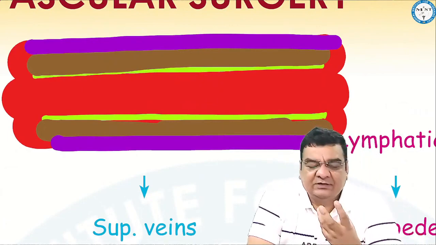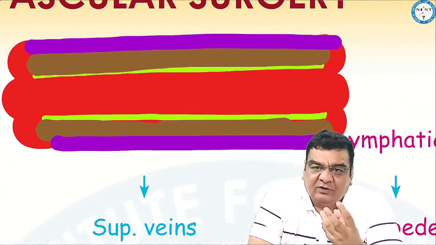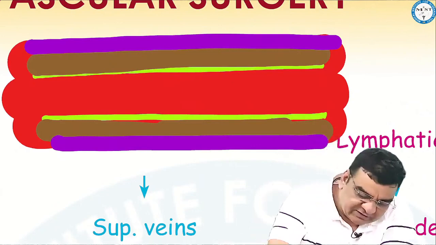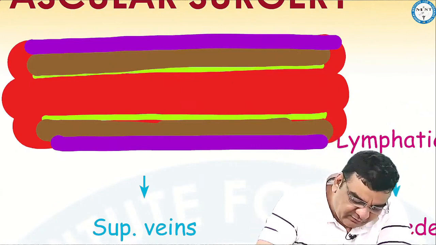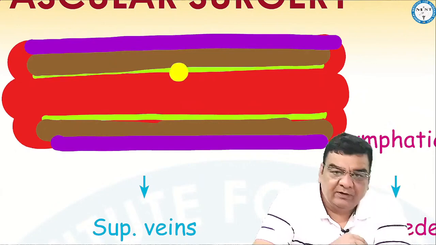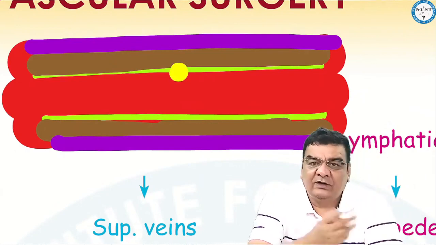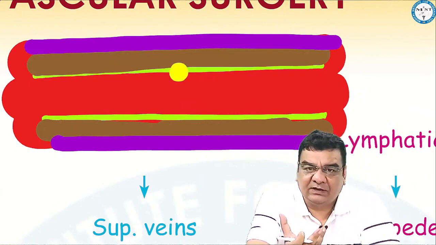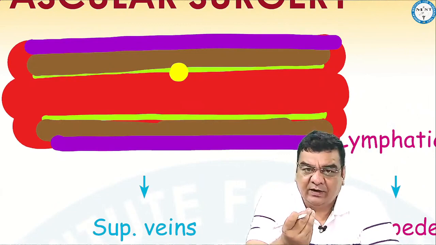Atherosclerosis is simply deposition of cholesterol which starts taking place from the intima, right? Cholesterol means butter, मक्खन. मक्खन जमा होने लगता है बेटा आर्टरी की दीवार में, right?